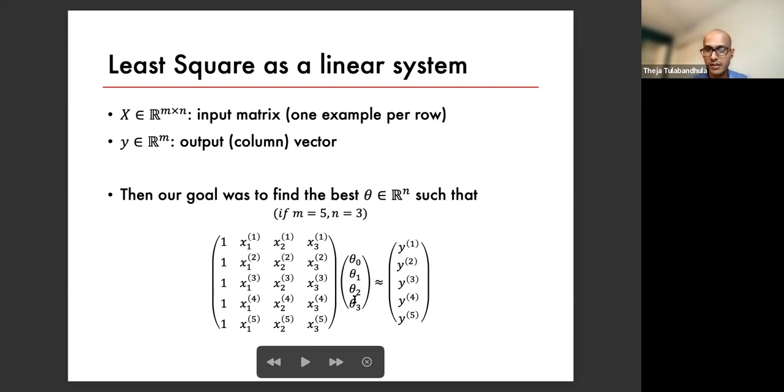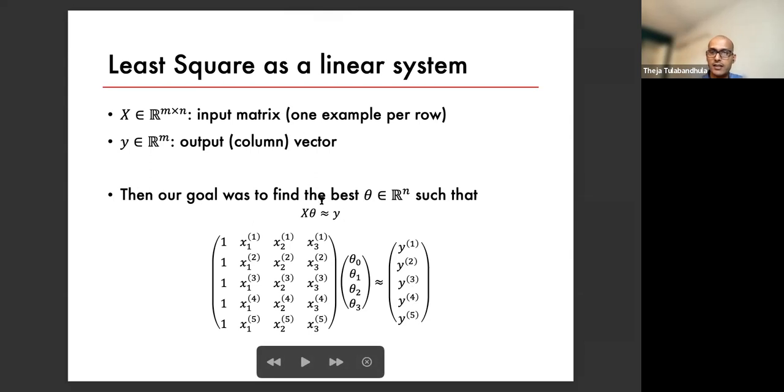So we want theta such that the left-hand side computation, a matrix-vector multiplication, produces an m-dimensional vector which is as close, ideally equal, to y as possible. That's exactly the sense that was also captured in the loss function, but I just wanted to mention it here.